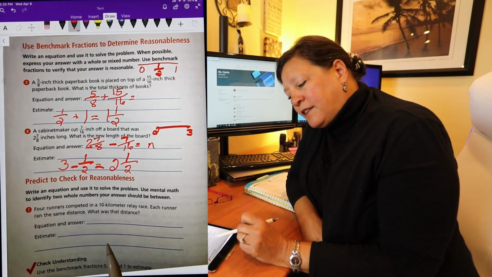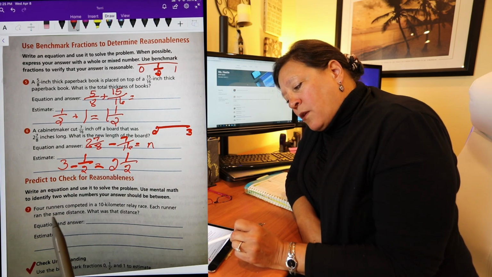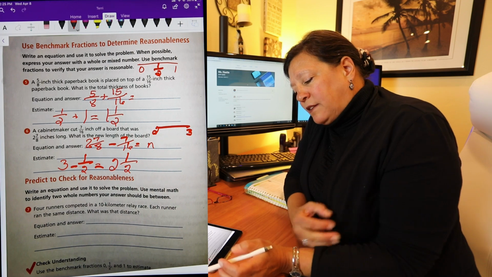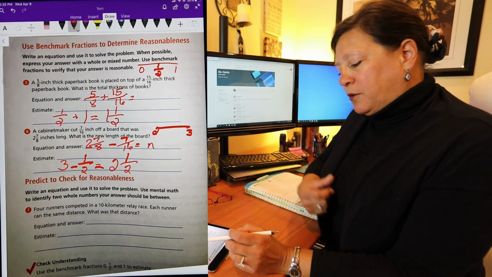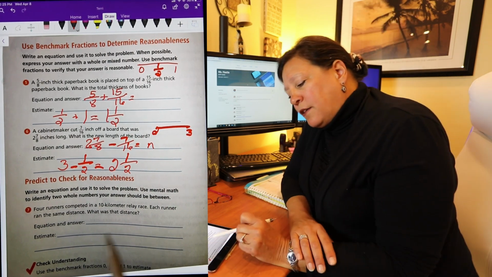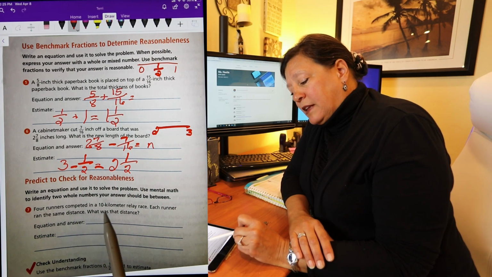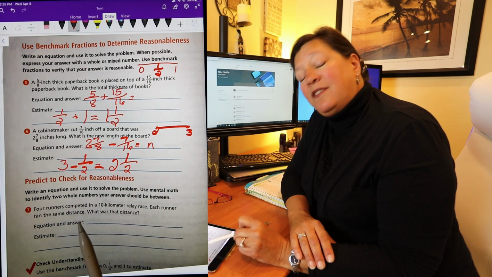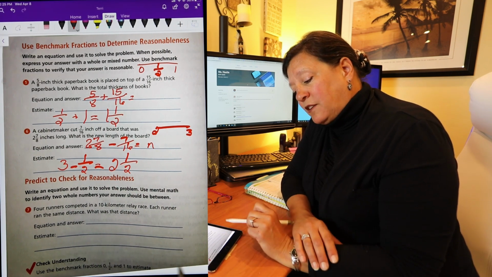Okay, the last activity one together. Write an equation, use it to solve the problem, and use mental math to identify 2 whole numbers your answer should be between. So 4 runners completed a 10-kilometer relay race. Each runner ran the same distance. What was the distance?